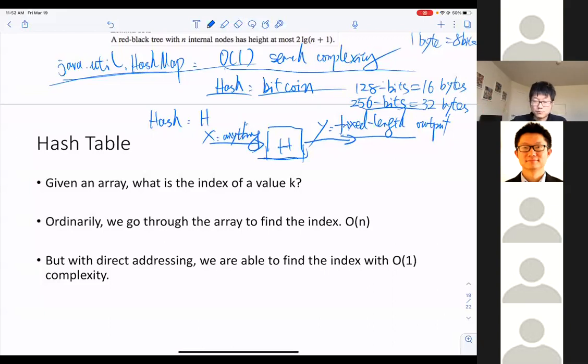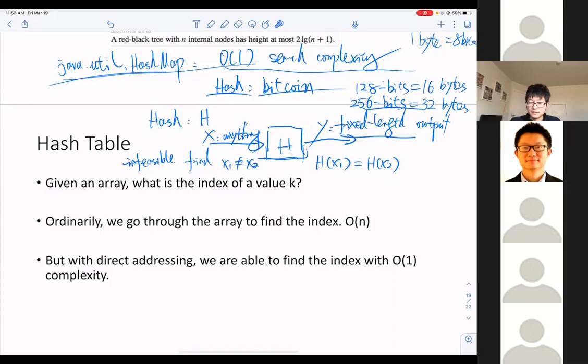This is one property. Another property is that it is computationally infeasible for you to find x1 and x2, which are not the same, two different inputs which come up with the same output for the hash function.